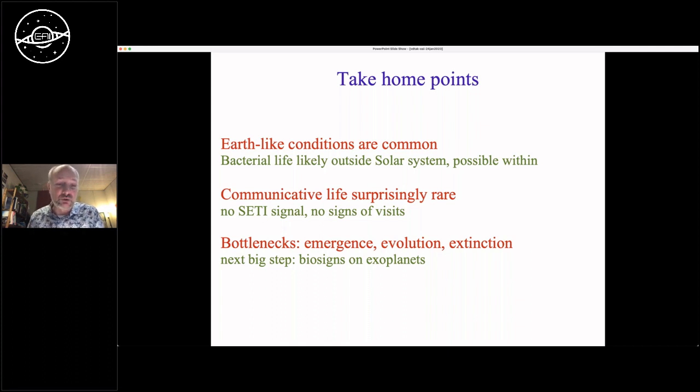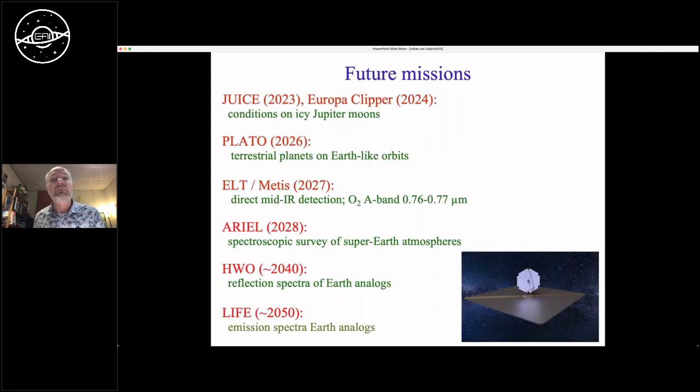So what we need to do is develop reliable biosignatures for exoplanets and keep looking for technosignatures, SETI signals, and so find out which of these three is closest to reality.